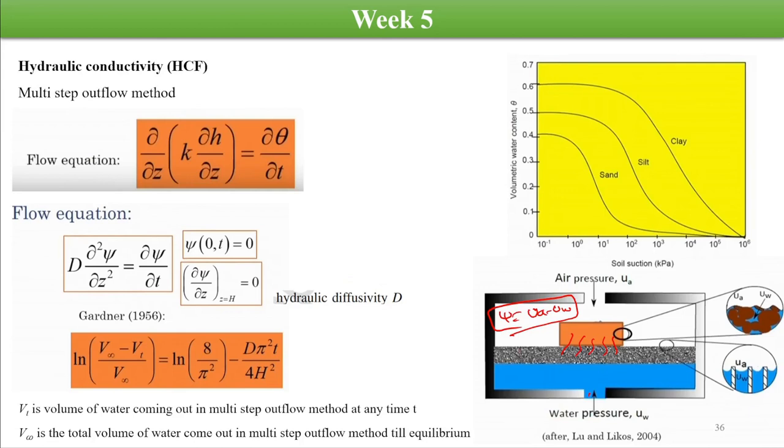So at that point we are not able to take any further water out from this sample, so the water which we will observe here will be very little. In that case, we will not see any significant change of water level in the burette, which we are using here to measure how much water is coming out, right? So in that case, this multi-step outflow method will not be able to calculate the value of the hydraulic conductivity or the diffusivity.